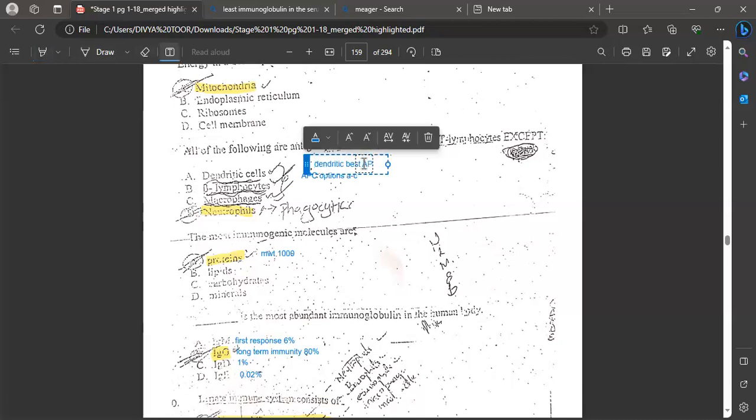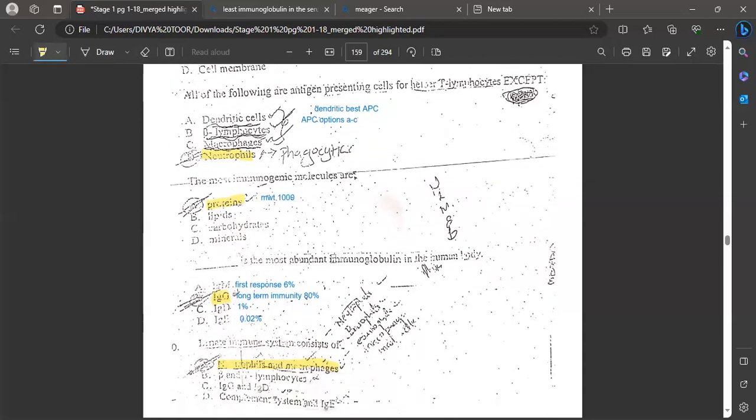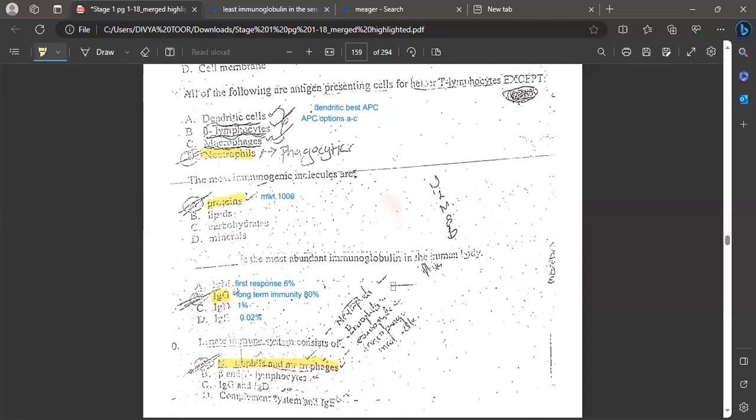Okay. And then the second one: the most immunogenic molecules are proteins. Dash is the most abundant immunoglobulin in the human body. It's IgG.